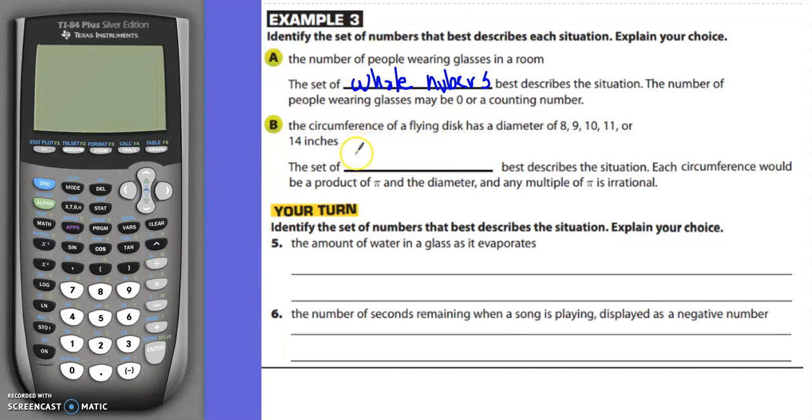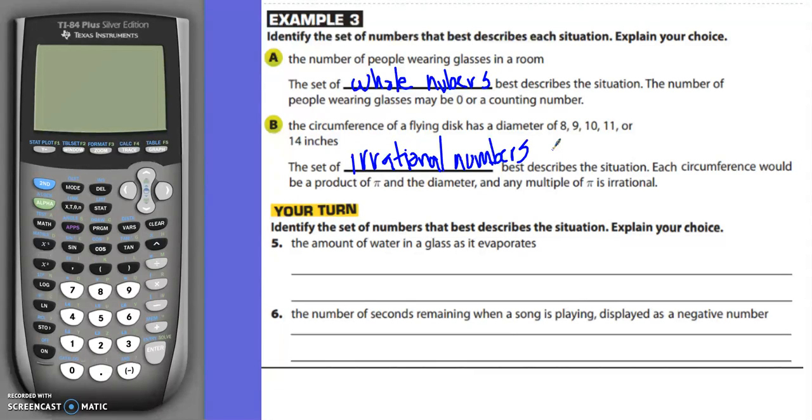So we're going to say the set of irrational numbers best describes the situation. Each circumference would be a product of pi and the diameter, and any multiple of pi is irrational. Alright, the last two, try by yourself.